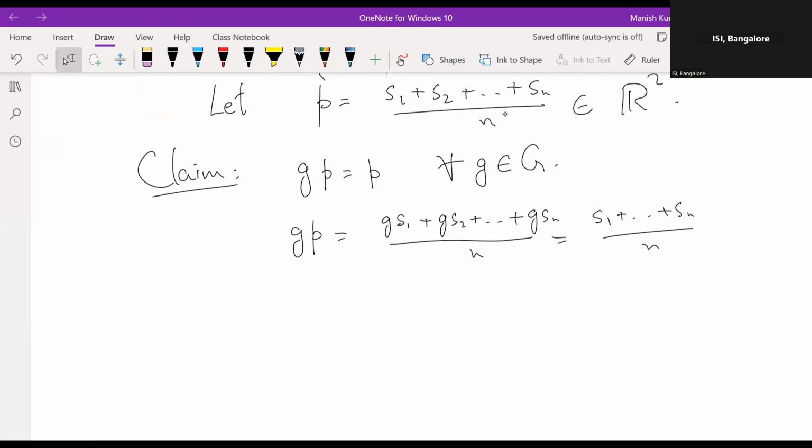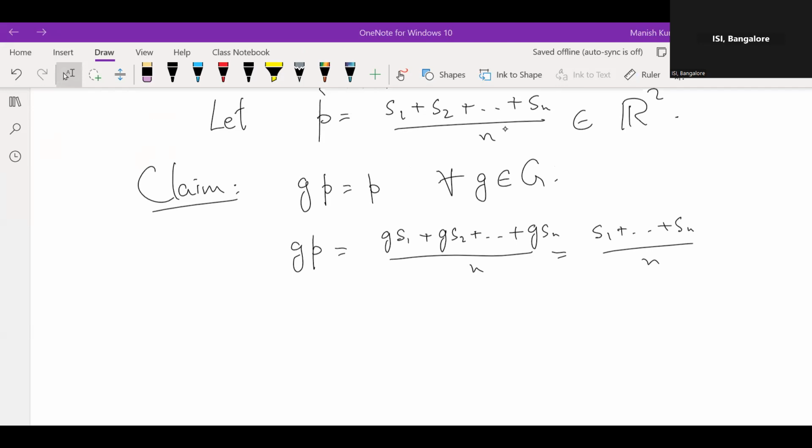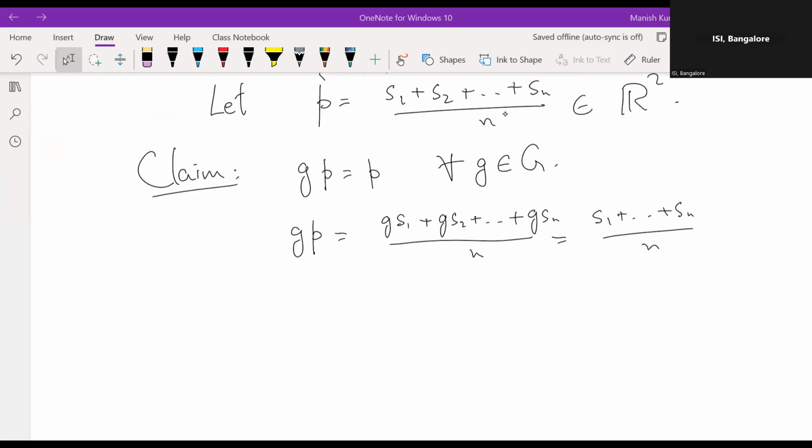But this is true, so one has to give a justification. I hope this is clear that that part is a permutation.